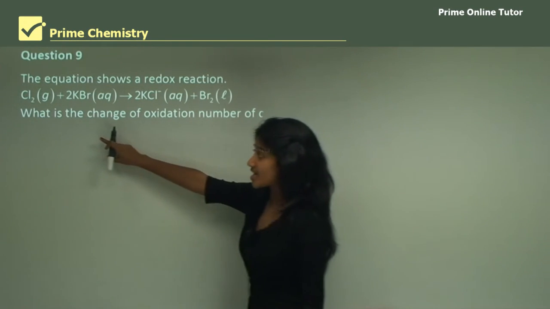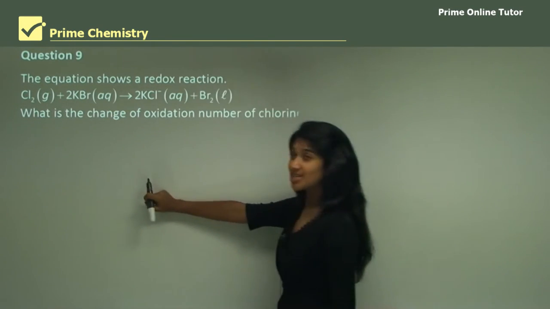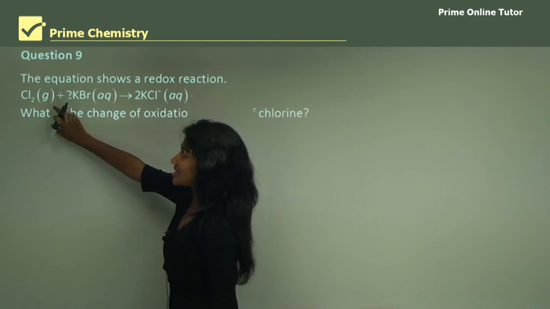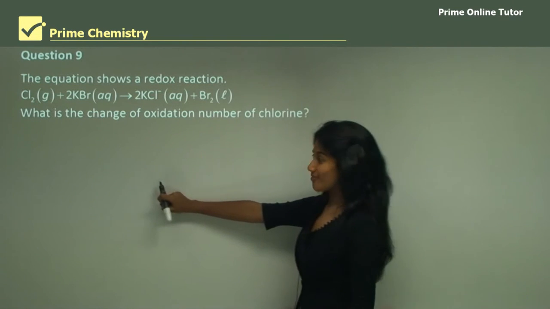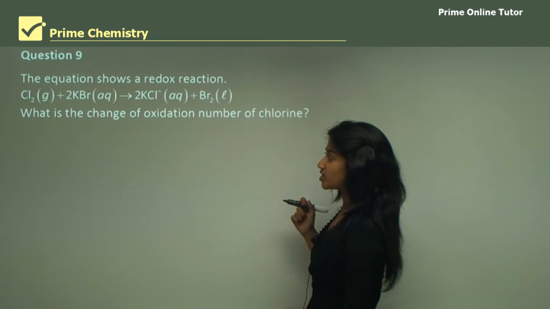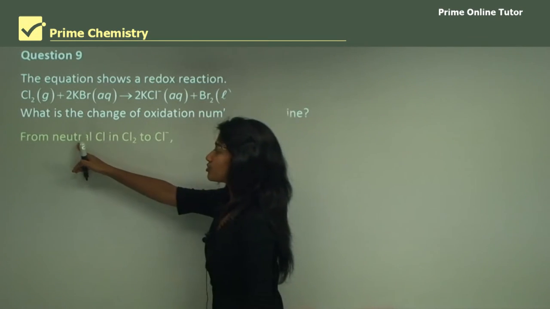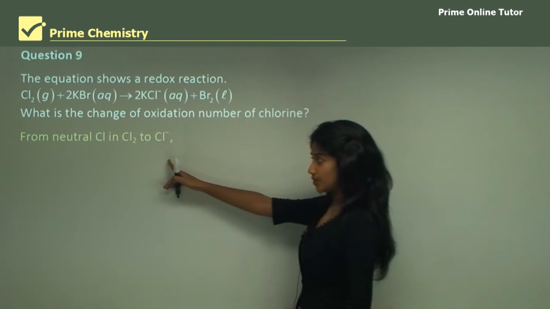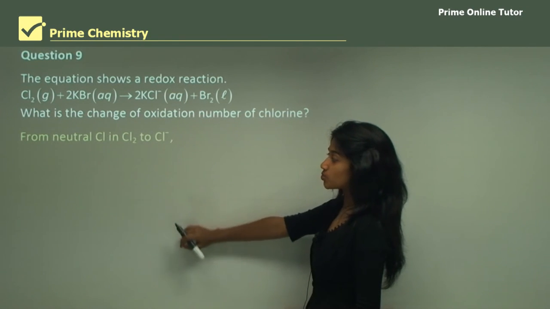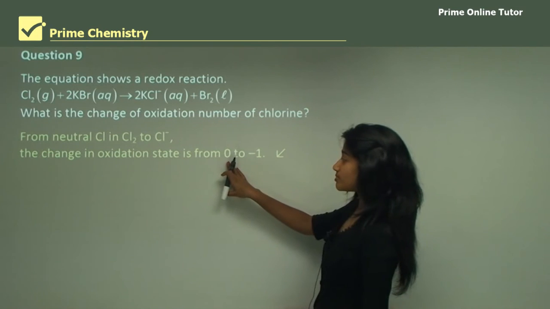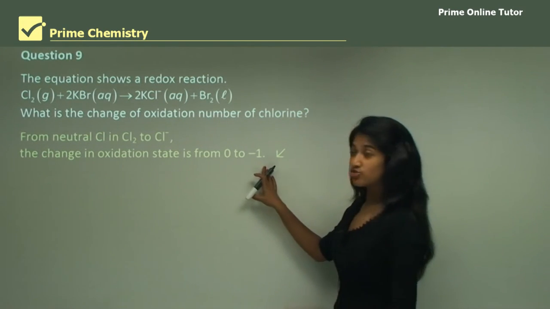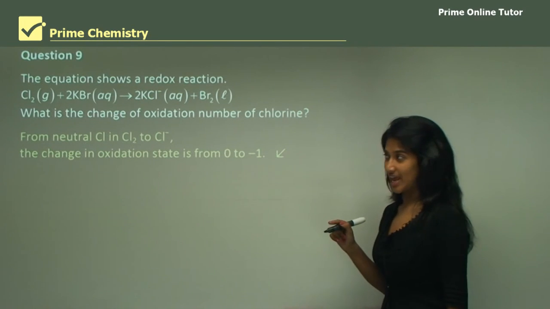Chlorine here has an oxidation number of 0 because chlorine is in its elemental state. And then it changes its oxidation state. From neutral chlorine, Cl2, to Cl-. So the oxidation state changes from 0 to -1. So there is a drop of one in oxidation state.